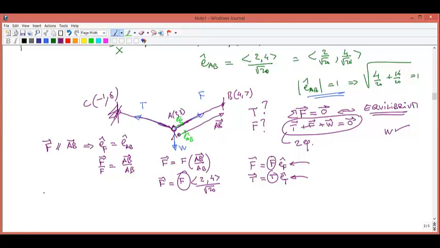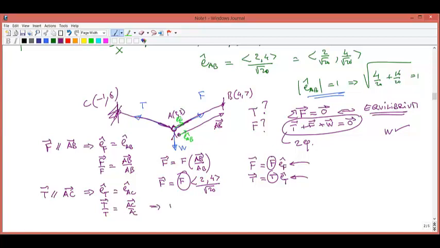Similarly, we can do the same thing with T. T is parallel to AC. Therefore, they share the same unit vector. ET is equal to EAC. As we substitute the definition of unit vector, vector T divided by T is equal to vector AC divided by its magnitude.